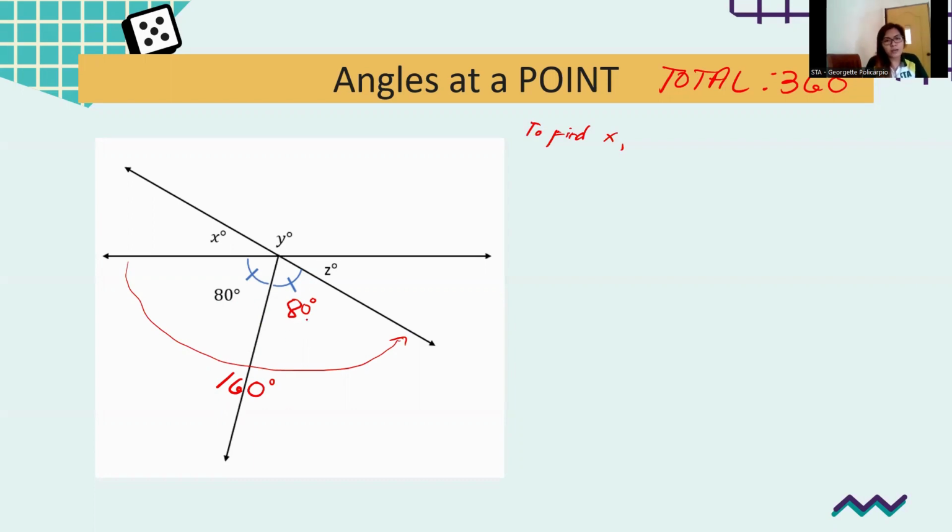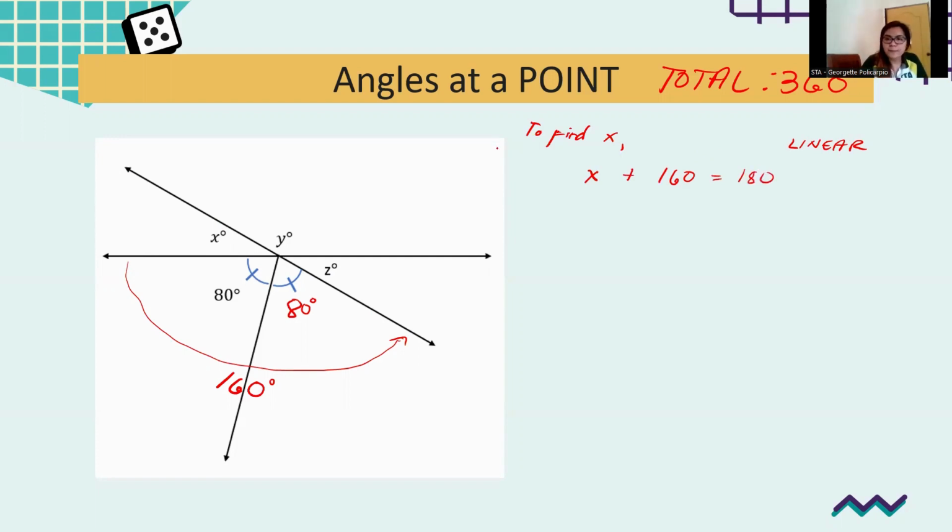So from here to here it is 160, and it is one straight line. How do we solve for x? Let's find the pairs formed. This 160 and this x degrees are linear. If you add the two, the result should be 180 degrees.